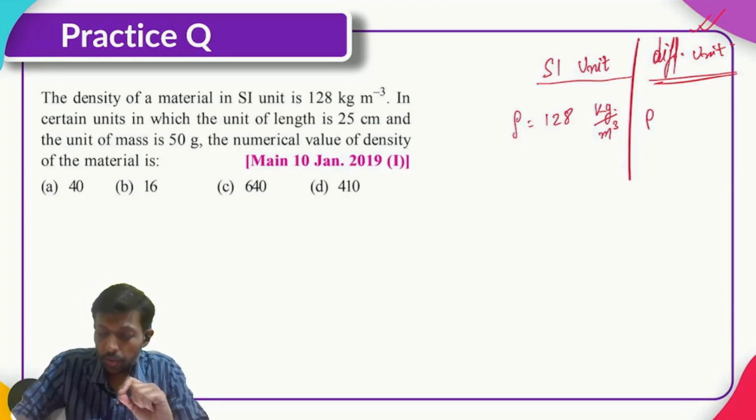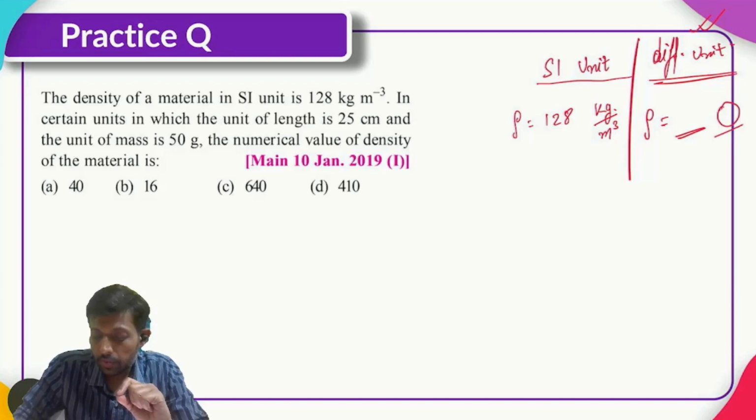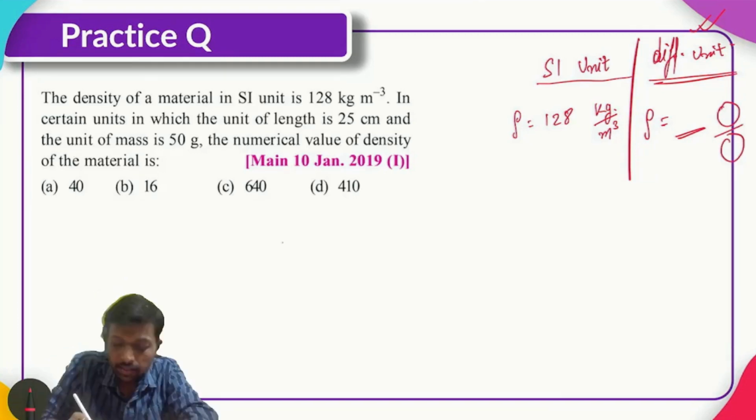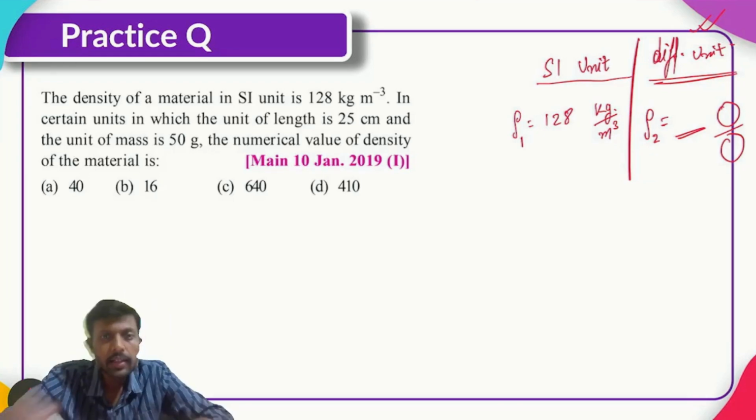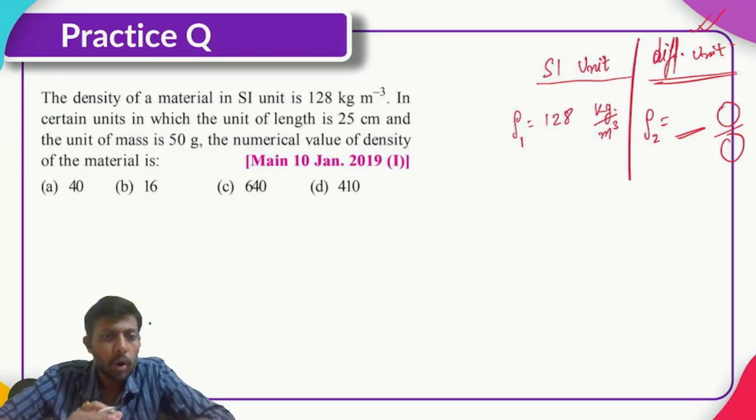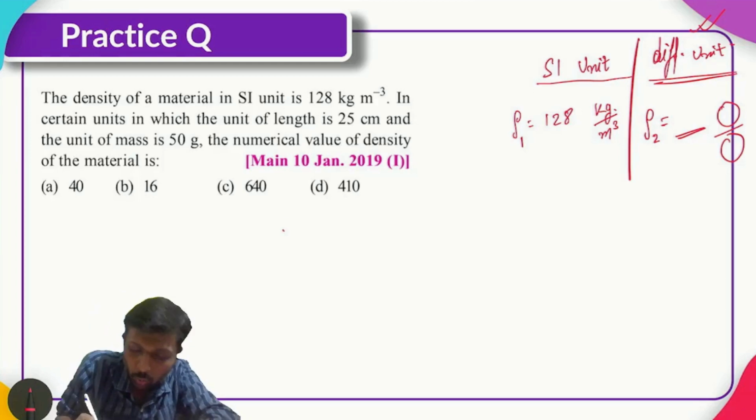We have to find what is the value of density here. And we know what are the standard units of length and mass. So we call this density 2, this as density 1. See, it's the same object. So rho 1 will be equal to rho 2.